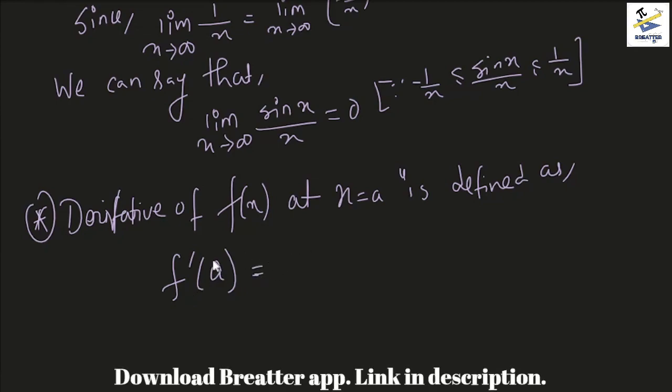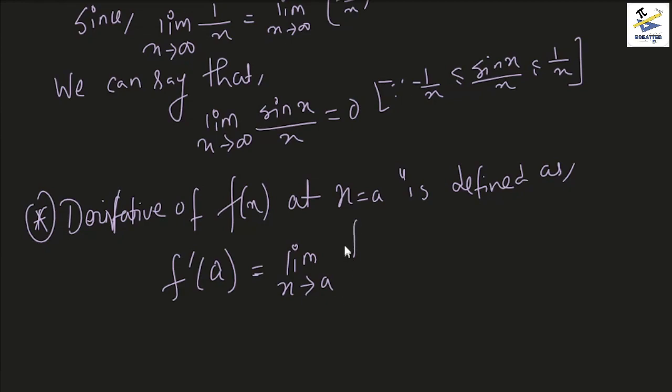So f dash a is basically equal to the limit as x tends to a of (f(x) minus f(a)) by (x minus a). So this basically is the definition of derivative. The value of this limit gives you the answer to f dash a.